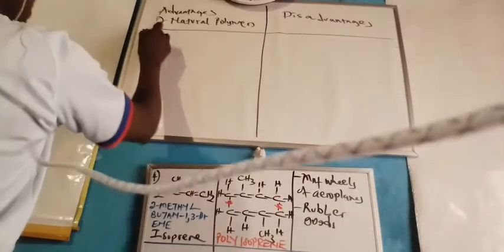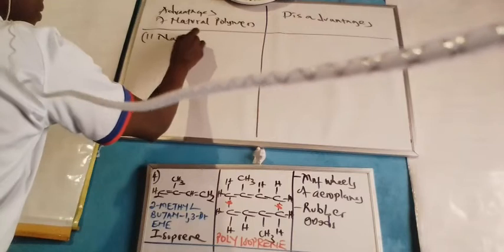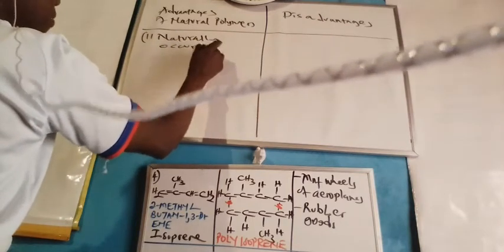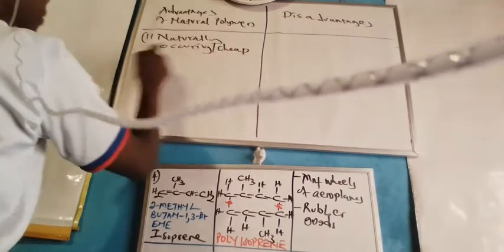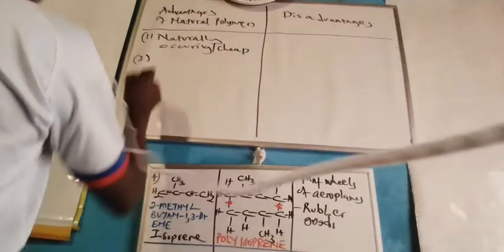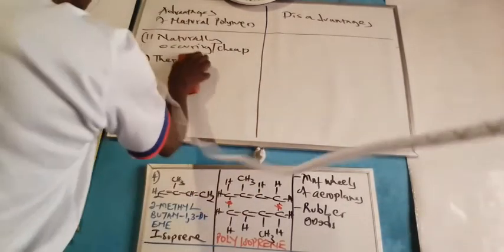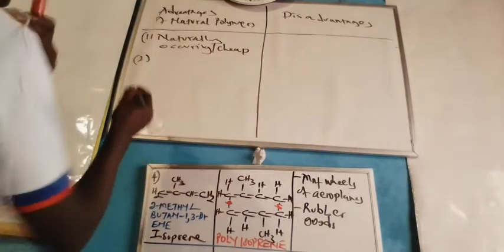Now, number one, they are naturally occurring, which means they are cheap. Number two, they are easy to manipulate.